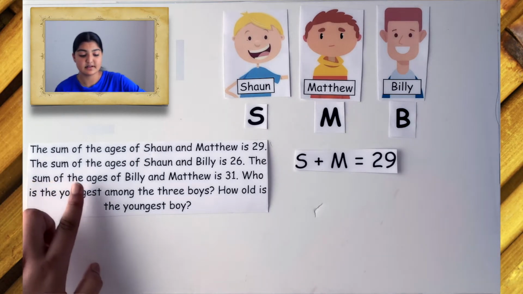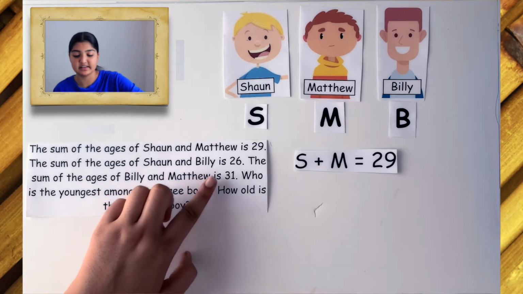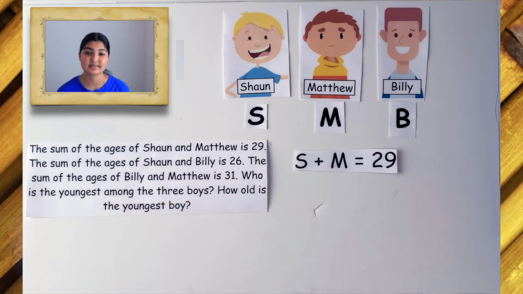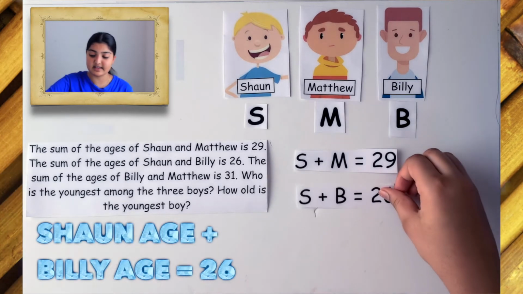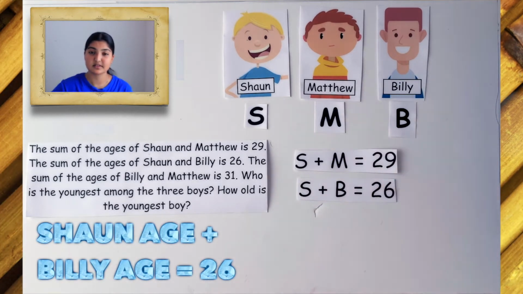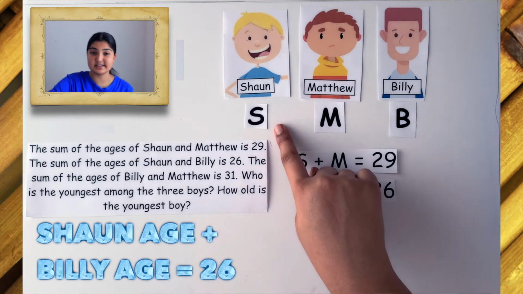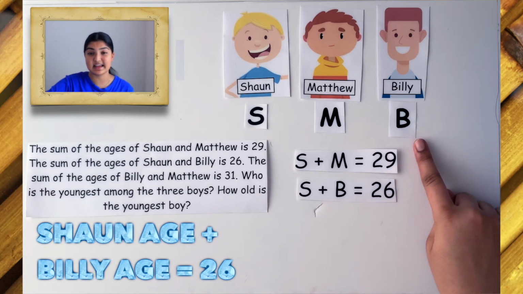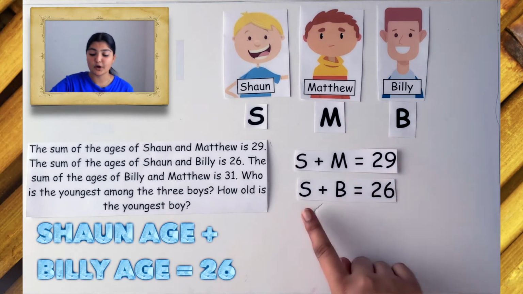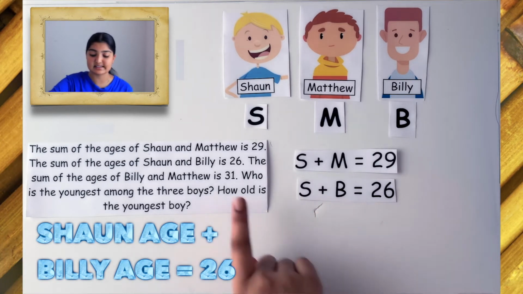The sum of the ages of Shaun and Billy is 26. We can write that like this, where s is Shaun's age and b is Billy's age. When we add s plus b, we get a sum of 26.